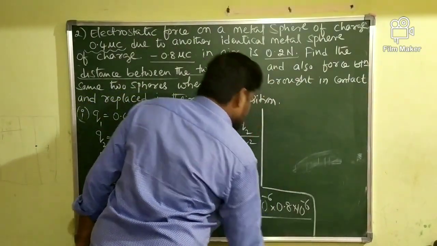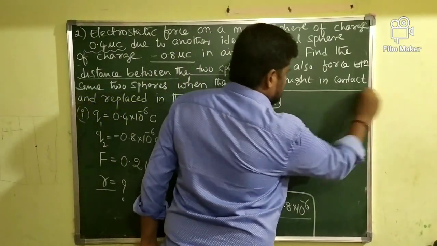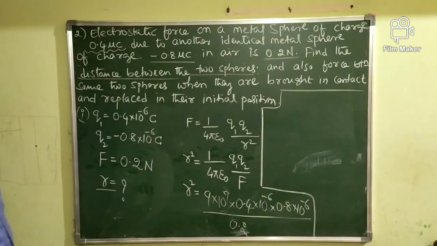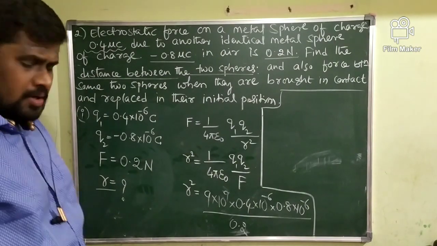Continue the calculation here. Okay, 9 into 0.4 into 0.8 divided by 0.2.